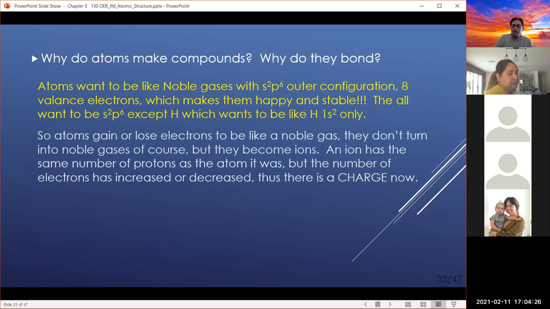Now, what is the driving force here? The driving force is atoms, when something happens to them chemically, they are striving to get what we call the octet fulfilled, the 8, and striving to have an electron configuration like the noble gas.